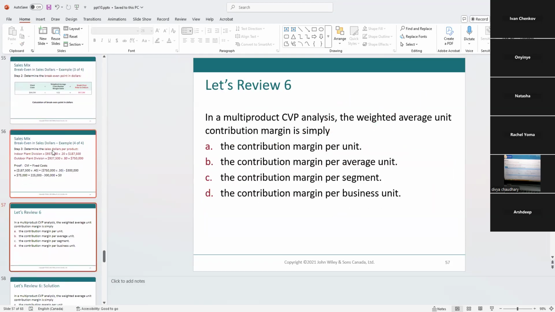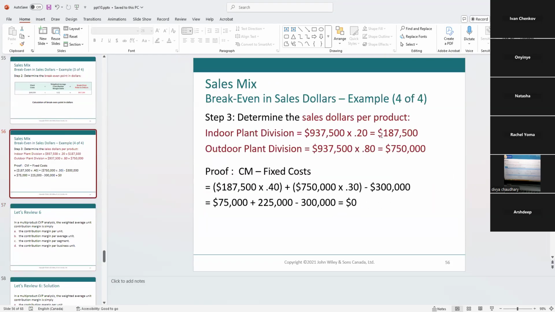So the total sales that I have to generate is 937. No, that's total sales. 187 belongs to the indoor and 750 belongs to the outdoor, and that's how we generate contribution margin exactly equal to my fixed cost, which brings me to the break-even point.